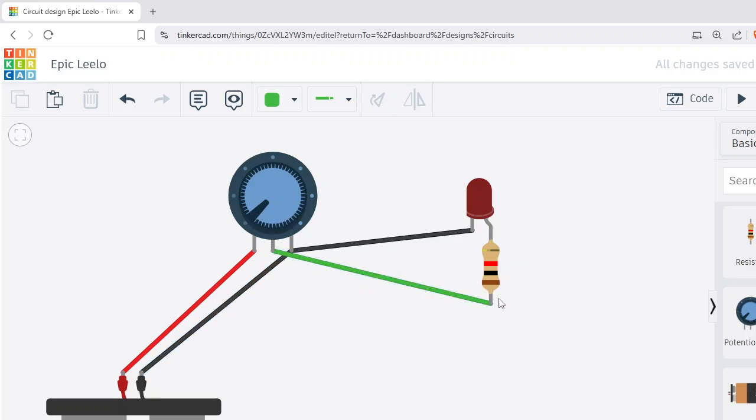And it goes out to the LED. No problem. So if I start here, there is no resistance, and the LED is very brightly lit. What happens when I increase this? See, the LED has gone out now.